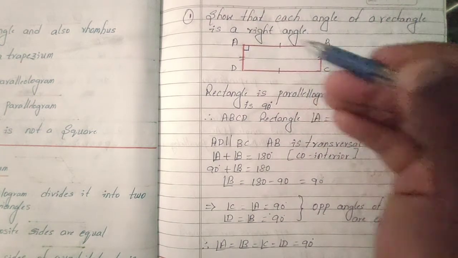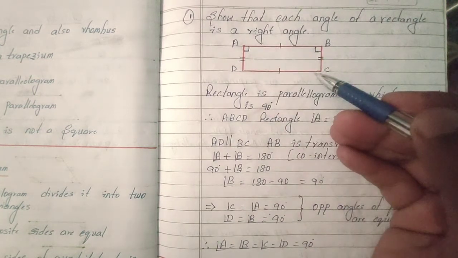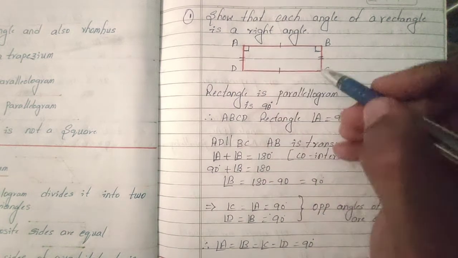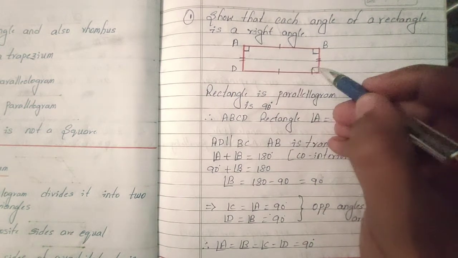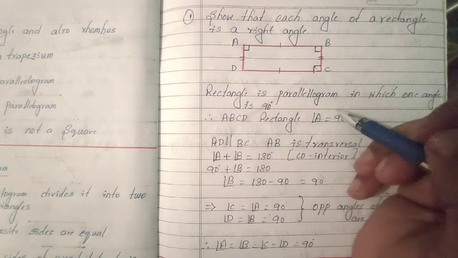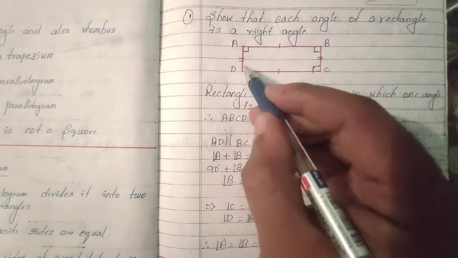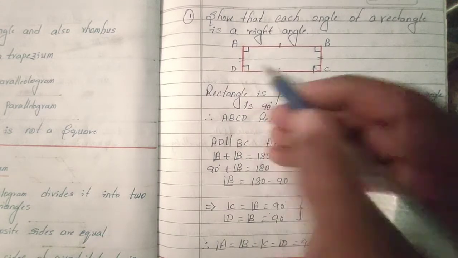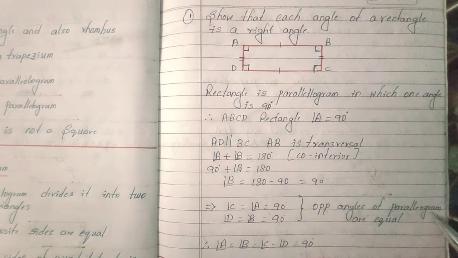This is a parallelogram. Opposite angles are equal. Therefore, A is 90 means C is also 90. B is 90, then angle D is also 90. Opposite angles of a parallelogram are equal.